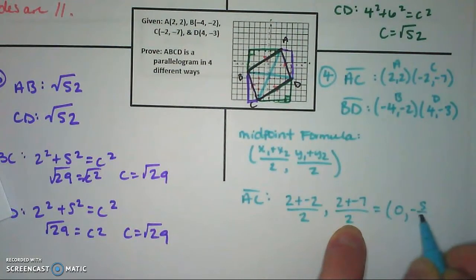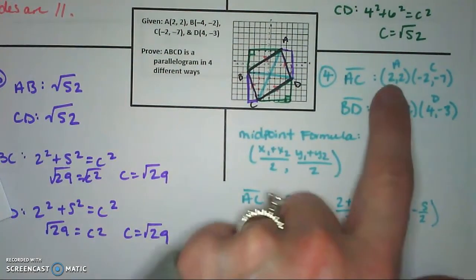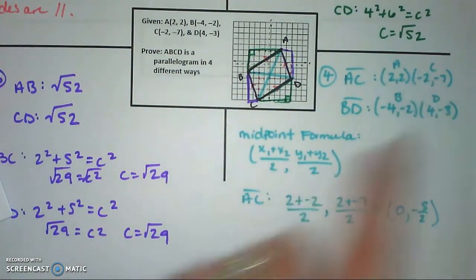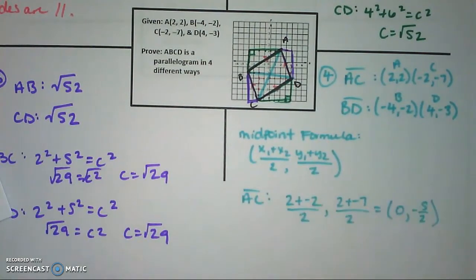Negative 5 divided by 2. You can leave it as a fraction, or if you'd like to convert it into a decimal, that's fine. So I used my points A and C in the midpoint formula. I'm about to do the same thing for B and D and hope that it has the same midpoint here.